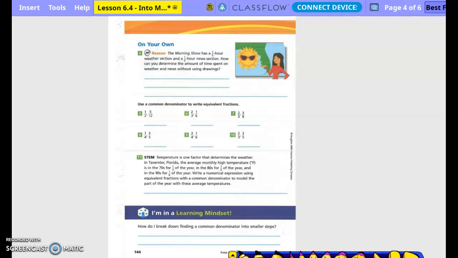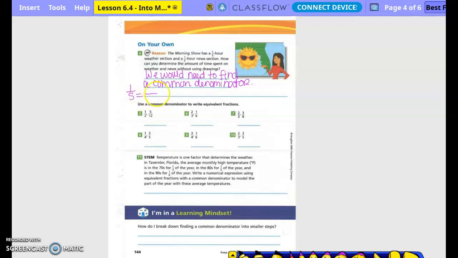Okay, so we would need to find a common denominator. Okay, and then what would we do? Because if we have that common denominator, that gets us equal sized pieces, right? So what is our common denominator between those two?